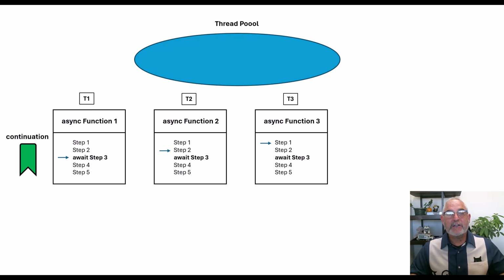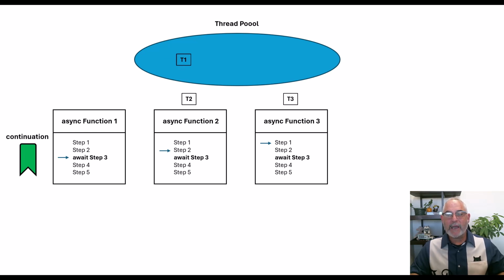A continuation, you can think of it like a bookmark. It says, okay, function 1 got to step 3 and it began it. And we don't know exactly when it's going to be done. So I'm just going to put a bookmark there and say, hey, that's where we're going to resume when we can. It's going to start listening for a signal that it's okay to restart it.